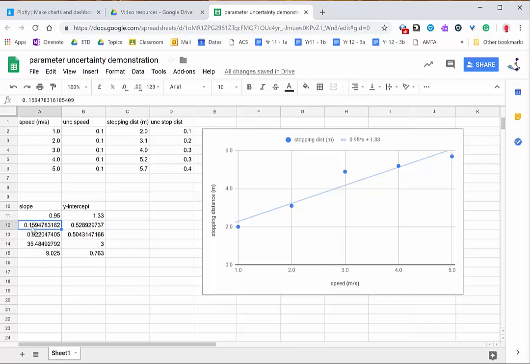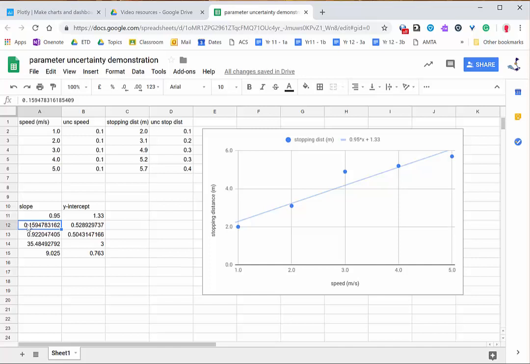So it's basically giving us an indication of how well we know this value of the slope. What we need to do here is take this value and multiply it by 2, and that will give us the uncertainty or the range with a 95% confidence, roughly, of that slope value.